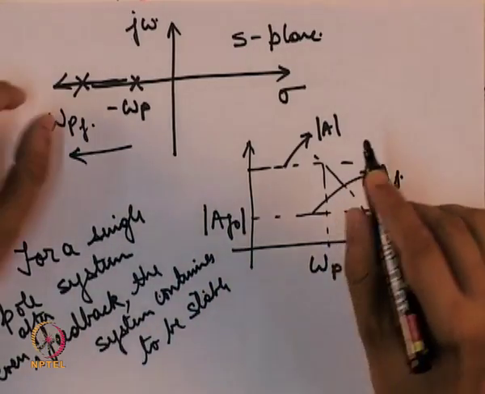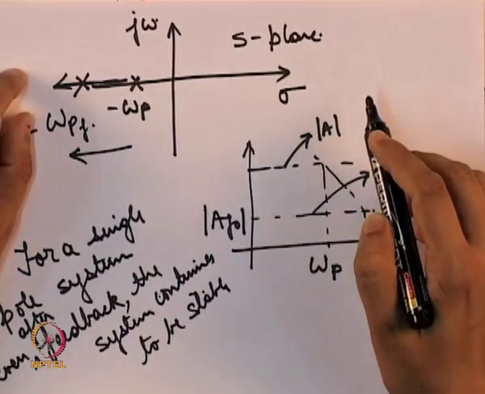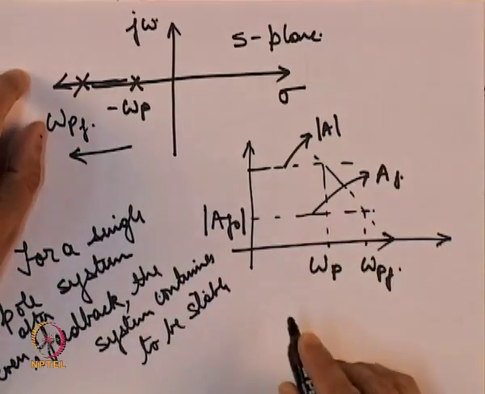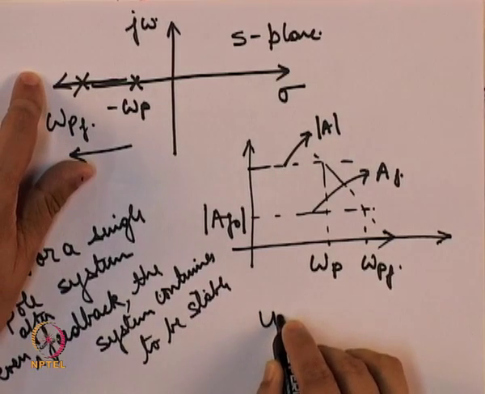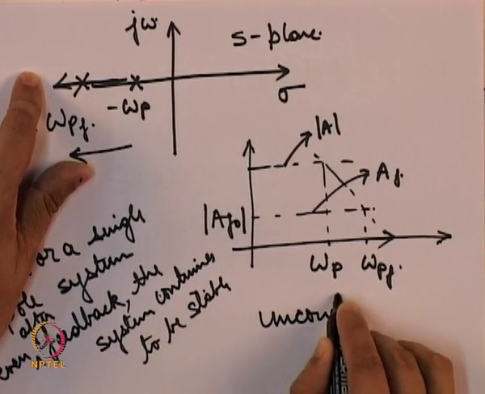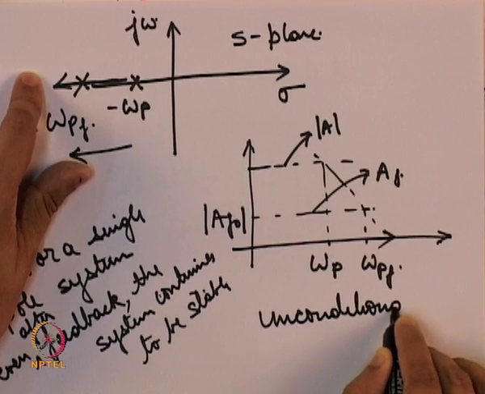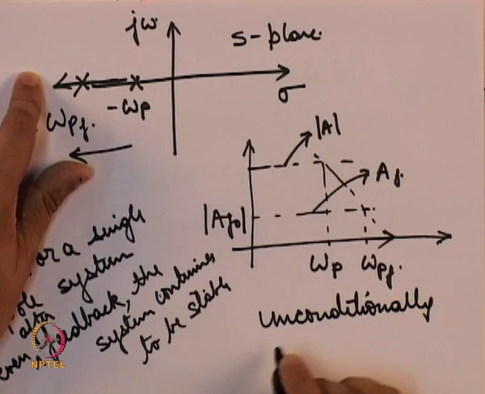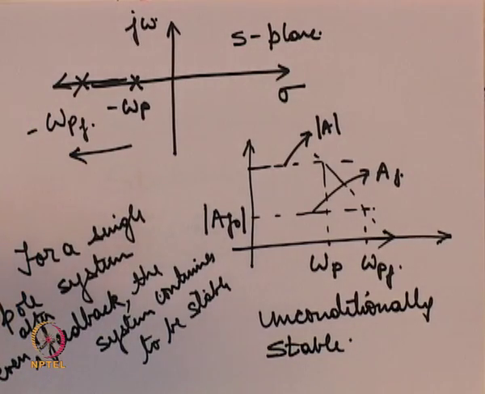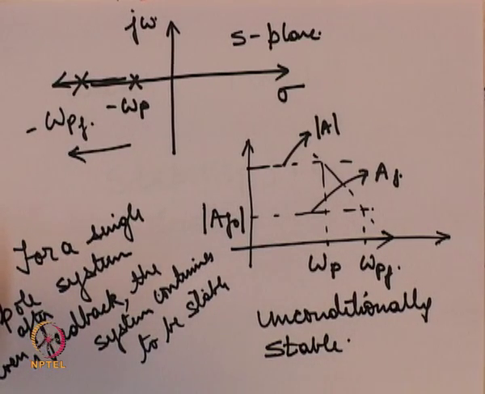Hence, a system whose open loop transfer function has a single pole is said to be unconditionally stable. Which means that whatever you do, the stability of the system cannot be altered. It will continue to remain stable even after feedback.